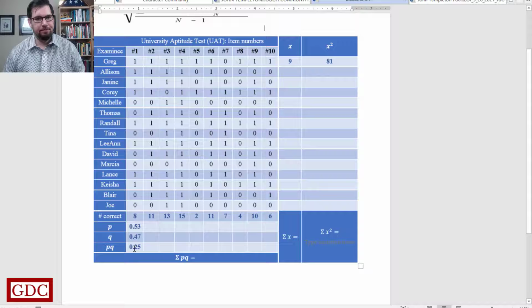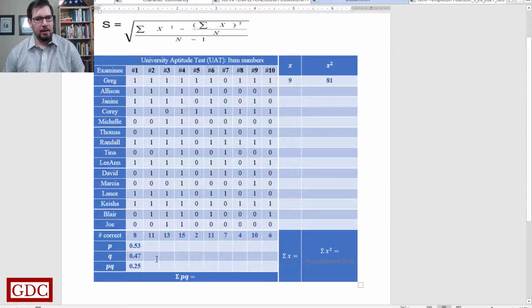So now we've determined how to find x, x squared, p, q, and pq. You can easily complete that for 2, 3, 4, 5, 6, 7, 8, 9, 10, and for all 15 participants to get the x's and the x squareds.